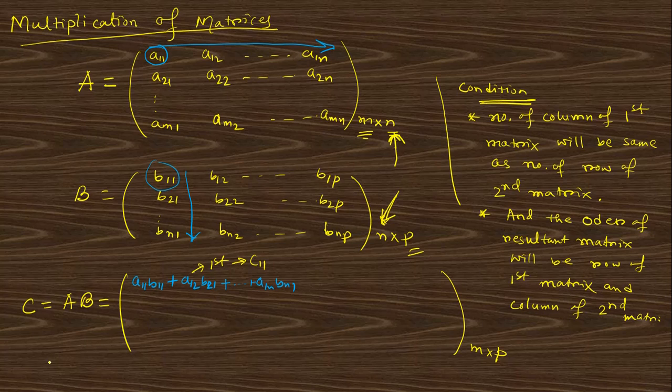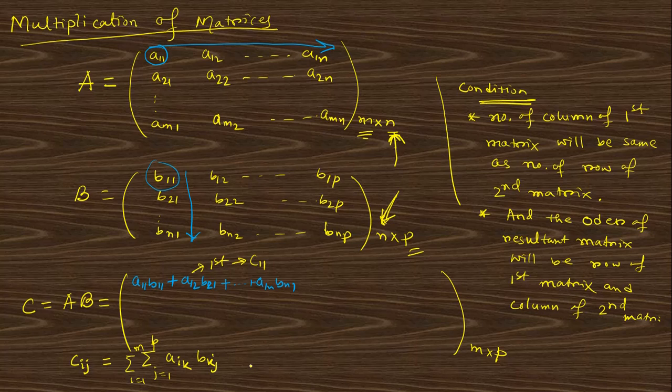So you can say in the complex form, this is c_ij, which is nothing but the sum of a_ik b_kj, where i is 1 to m, the number of rows, and j is 1 to p.